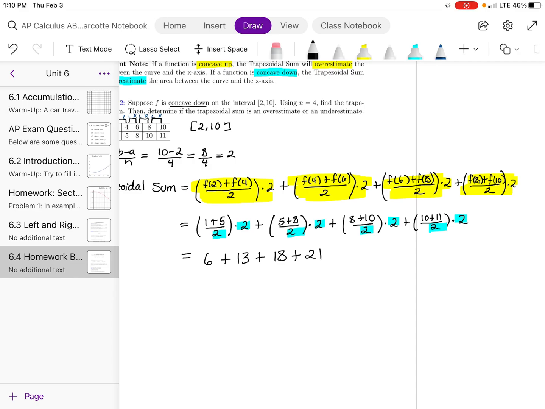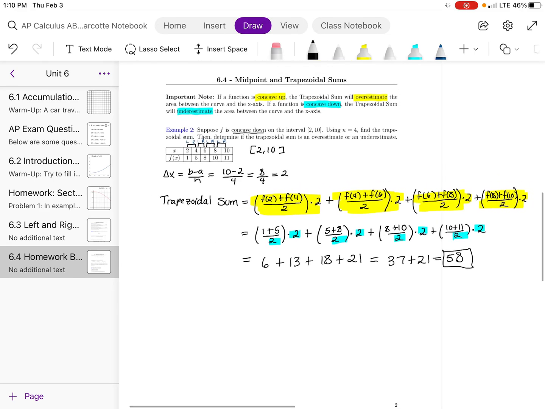Because 1 and 5 give me 6, 5 and 8 give me 13, and so on and so forth. And so adding these together, I get 19 plus 18, which gives me 37, plus 21, which gives me 58. And so that's how we would compute midpoint and trapezoidal sums in a table.